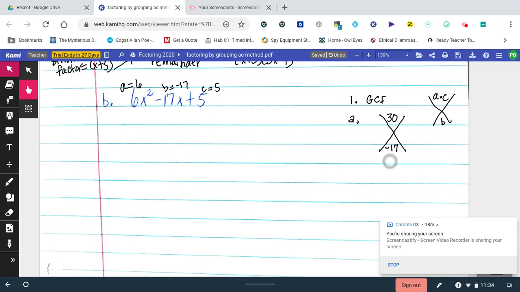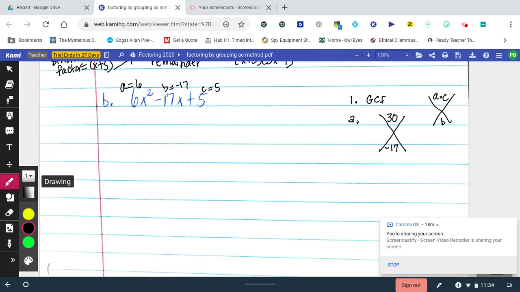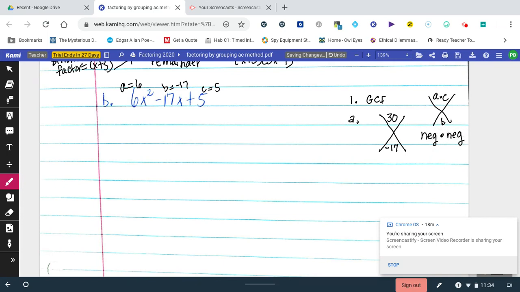Since 17 is negative, that means I have a negative times a negative that's going to produce 30. All right, so that's going to be a negative times a negative.